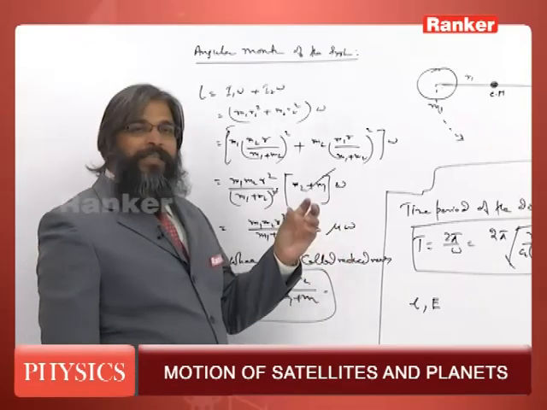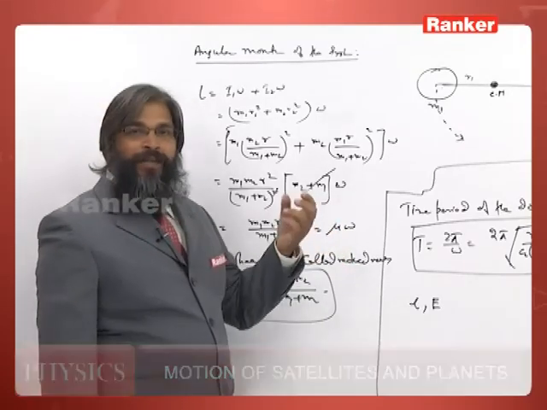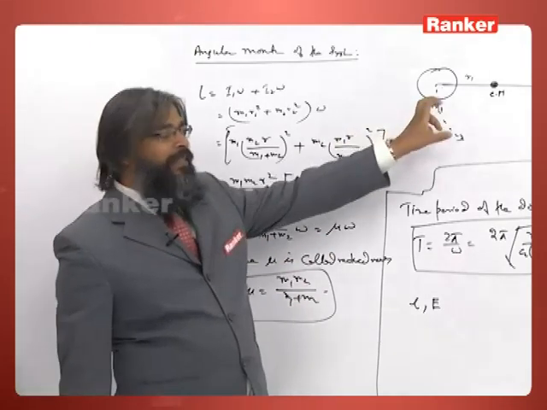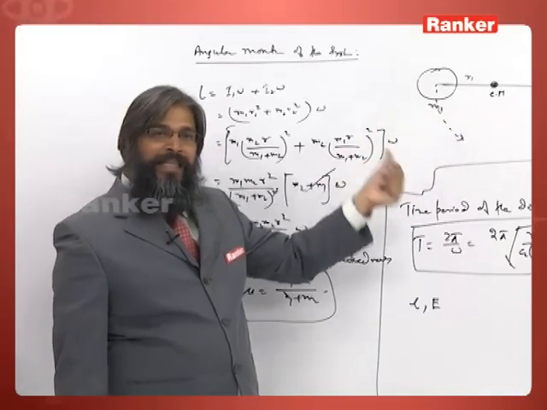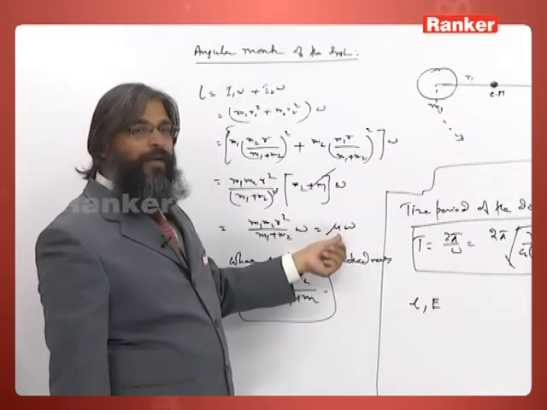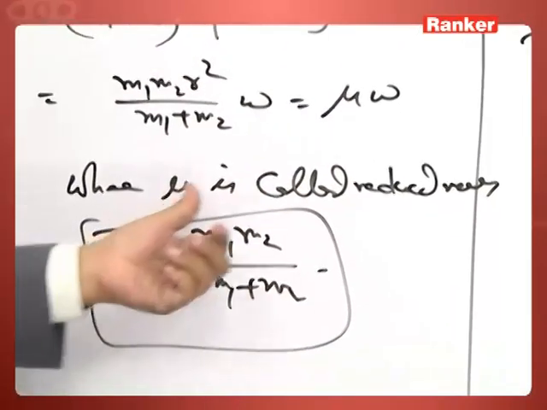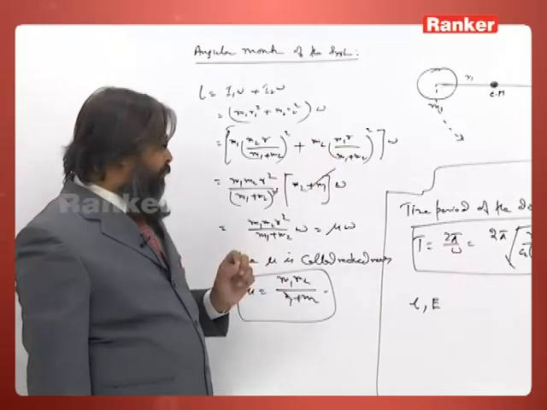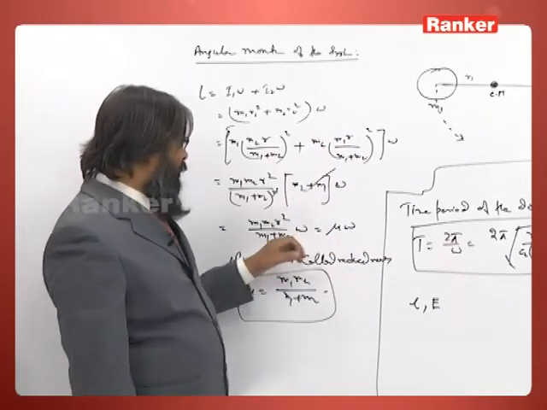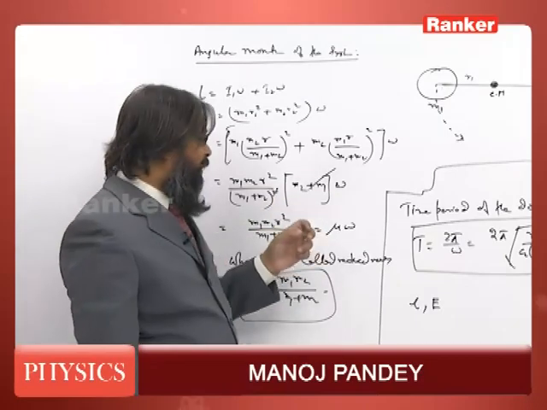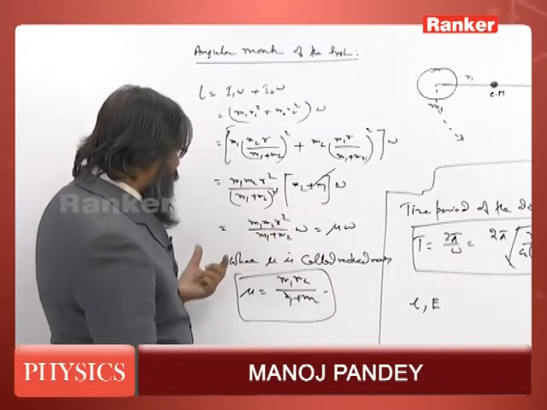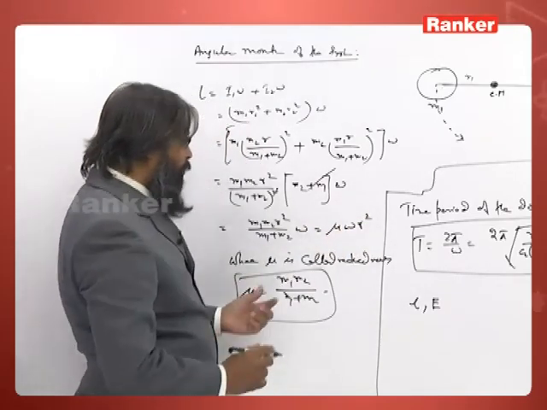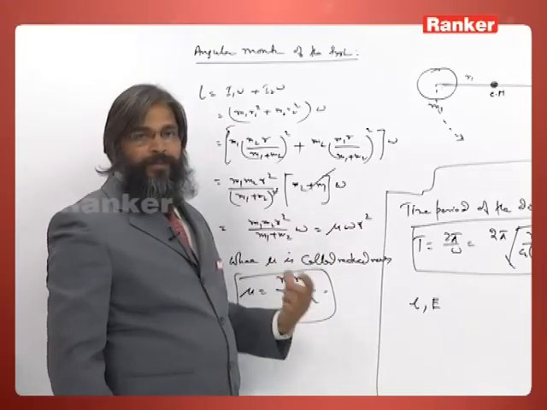If I assume that mu r square is the moment of inertia of a single mass, then we can imagine a two body system as a single body system with this moment of inertia. So mu is something which replaces these two mass system. This is called reduced mass. Whenever you have a two body system, that term can be replaced, mu r square omega is there. So mu is called the reduced mass.